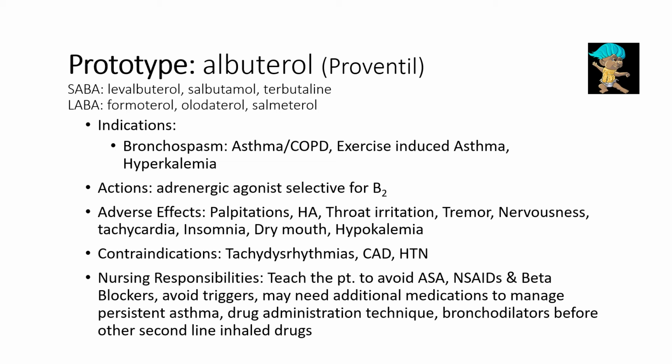There are some other ones. When you see SABA, that is a short-acting beta agonist, versus a long-acting beta agonist. We'll get into this more when we do respiratory drugs. Short-acting beta agonists are to relieve bronchospasm, so they're considered a rescue inhaler.